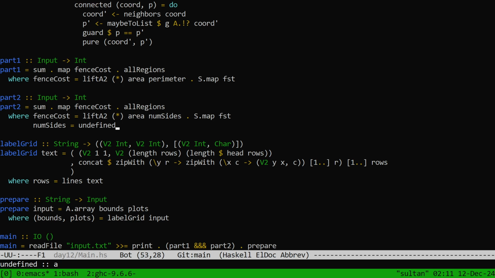So how would you determine a side? A side, like, I think, how did I do perimeter?